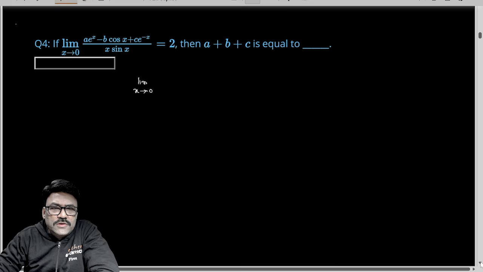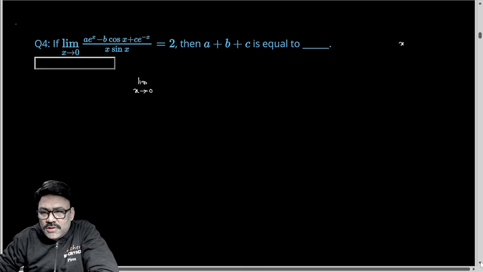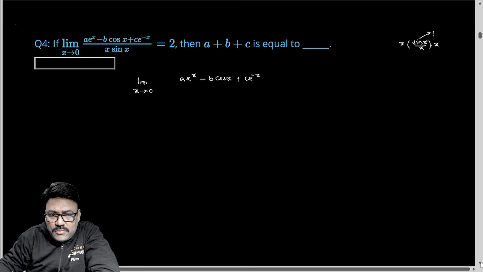See this denominator thing, x sin x can be written as sin x over x into x. So this sin x over x will become 1. So ultimately denominator is effectively x square. So I can write it as a e raised to x minus b cos x plus c e raised to minus x, whole divided by x square.